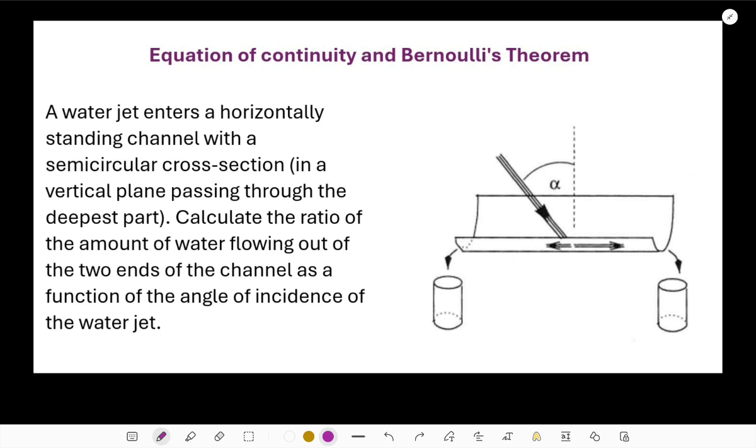vortices are not formed, not to a significant extent, and we neglect the internal friction of the water, that is what is called viscosity, the property of viscosity, and further assume that the flow is fast enough that the change in potential energy is not significant in addition to the kinetic energy, because we are going to consider the change in kinetic energy, but we have to neglect the change in potential energy, otherwise things are going to become very much complex.